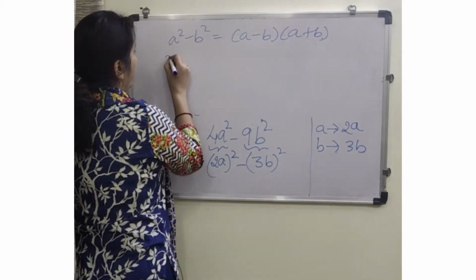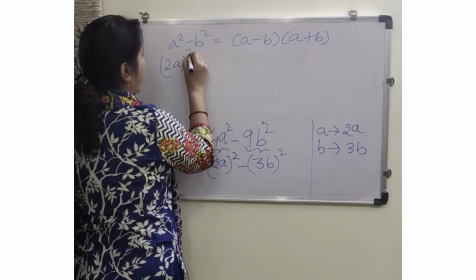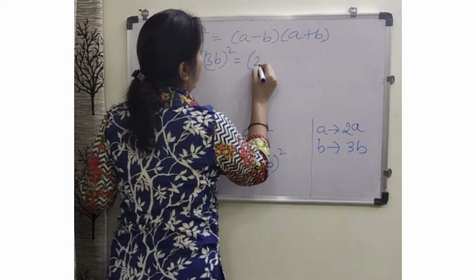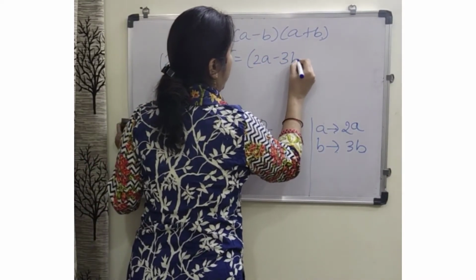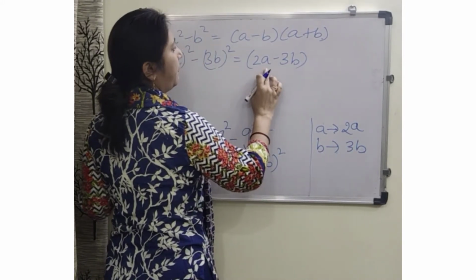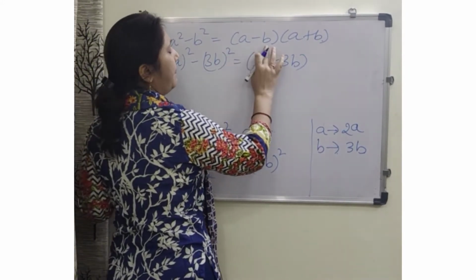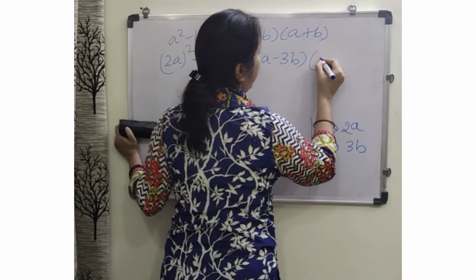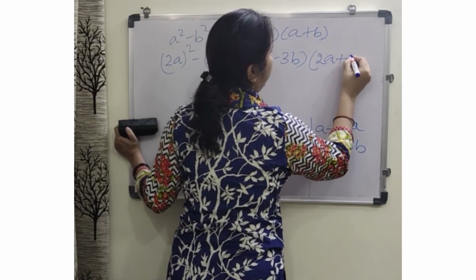So (2a) whole square minus (3b) whole square is equal to (2a minus 3b), because your a is 2a and your b is 3b. So in the first bracket you have a minus b, so it will be 2a minus 3b. In the second bracket it will be 2a plus 3b.